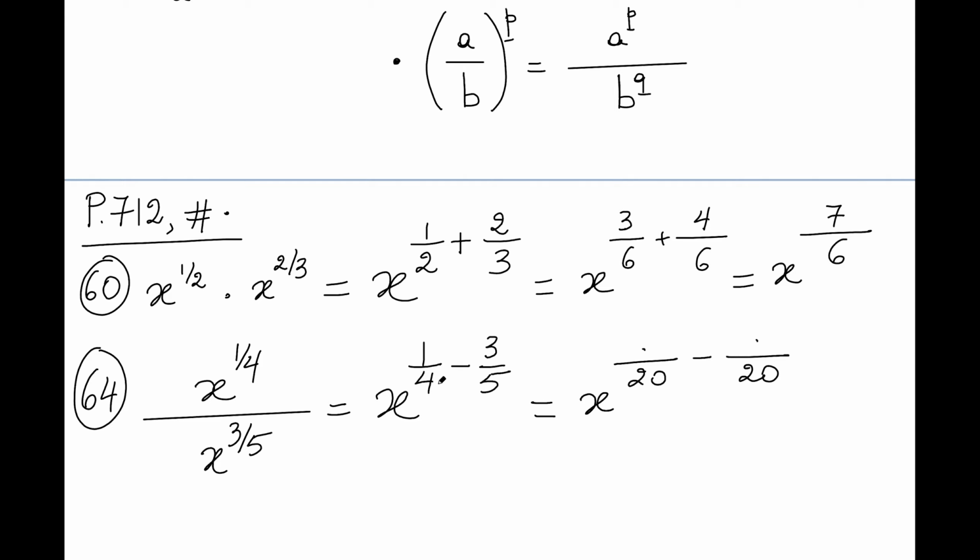I multiplied by 5. If you multiply here by 5, you gotta also do it upstairs, and you get 5/20, which is the same as 1/4. And 3/5, if you want downstairs to be 20, which means multiply by 4, so you gotta multiply by 4 upstairs, and you get 3 times 4, which is 12.